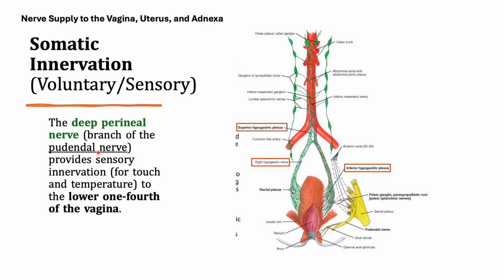The deep perineal nerve, which is a branch of the pudendal nerve. We see the pudendal nerve here, but I don't think we see the deep perineal nerve. But that is what's going to supply sensory innervation, especially for touch and temperature, to the lower 1/4 of the vagina.